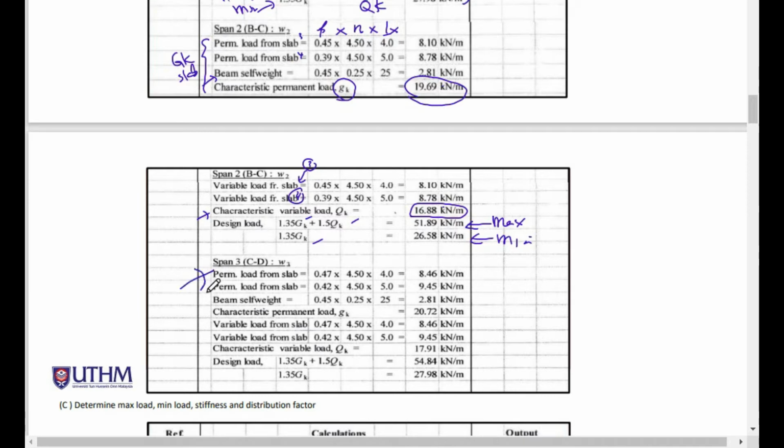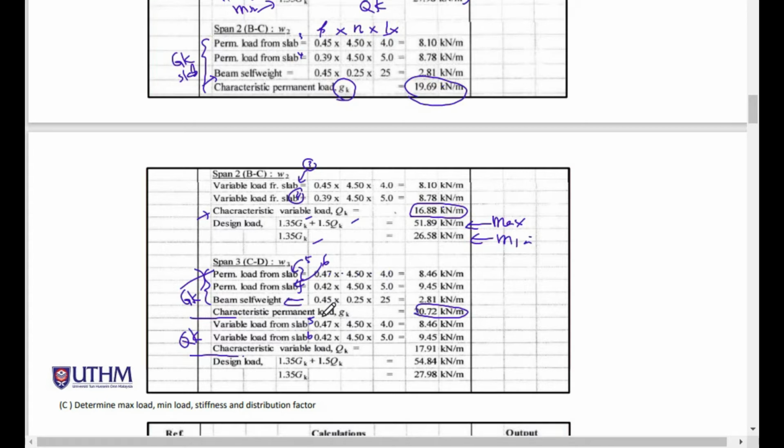Next is span number 3. GK is the total of loading from slab and the beam. This is slab number 5 and here is slab number 6. Beta multiplied with GK multiplied with Lx. And finally, we get the total GK for span number 3 is 20.72. Next is the total QK from slab to beam, slab number 5 and slab number 6.